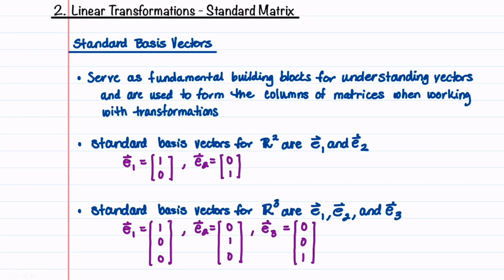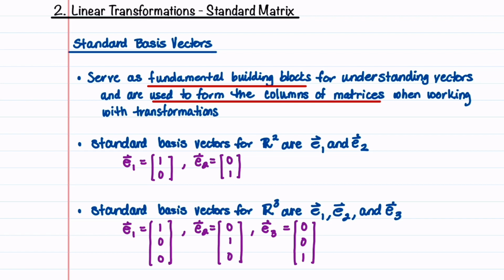Let's now talk about how to find the standard matrix of a linear transformation. We'll begin by defining standard basis vectors. Standard basis vectors serve as fundamental building blocks for understanding vectors that are used to form the columns of matrices, such as a matrix A, when working with transformations.